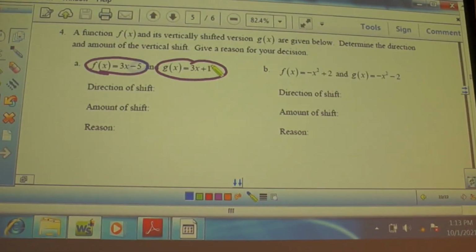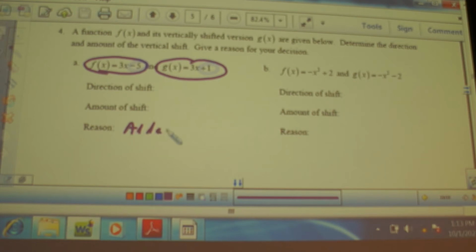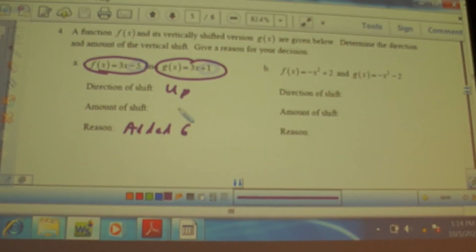This part's different. Added 6. So I do the reason first maybe. I added 6. So did I go up or down? Up, because you added. And then the amount of shift was 6. Does that make sense? Okay. All right.